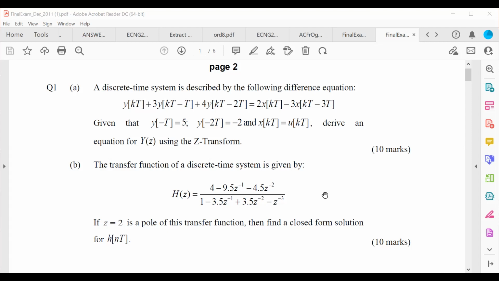So that's 6 marks by the time you have A, B, and C. And then the closed form solution is to go to the Z transform tables. For each of those, you pull out the correct inverse Z transform and write down the final answer, right? So if the 30 or 35 minutes run out at the point when you evaluated the 3 coefficients, then at that point in time, you have 6 of the 10 marks in there. The rest is for looking up in the tables and so on.